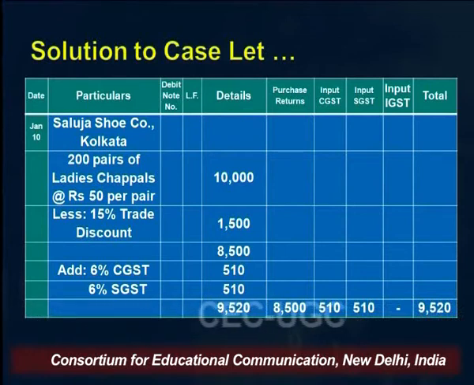So 510 CGST and 510 SGST will go into the input CGST and input SGST columns, and the total amount would be 9,520, right? So my total amount 9,520 goes to my total column.